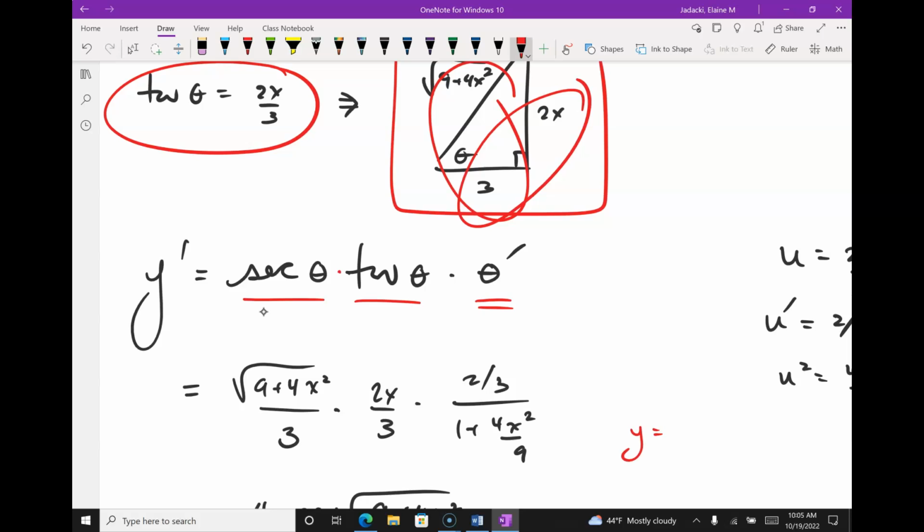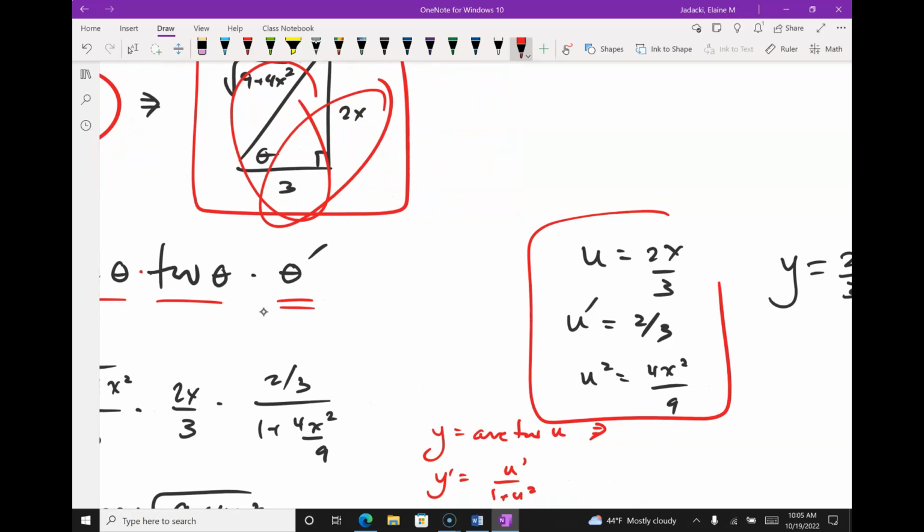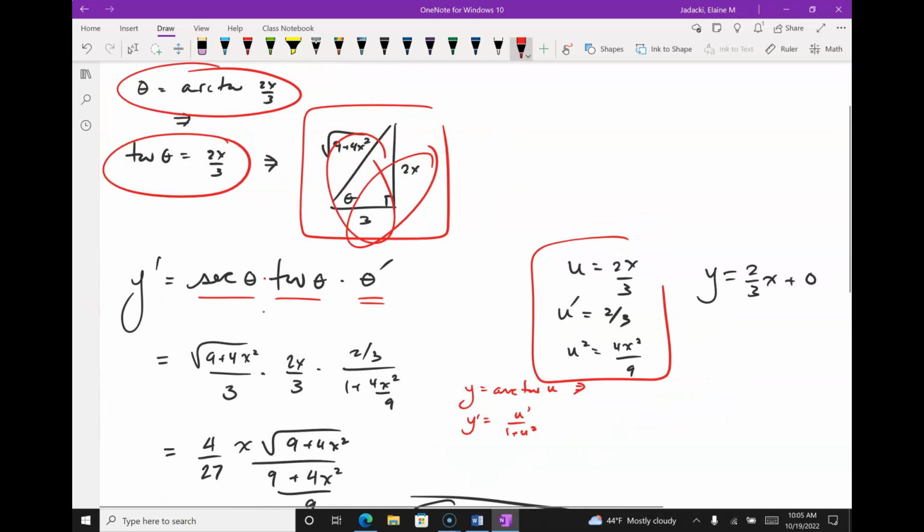We have this written down. Y equals arctan of u gives me y prime is u prime over 1 plus u squared. So that's all I have to do is find u prime, find u squared, and plug in. So that's what I did here, right? And the rest is arithmetic or algebra.